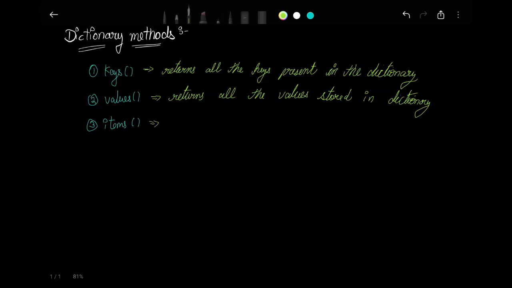The items method returns both keys and values together as pairs.